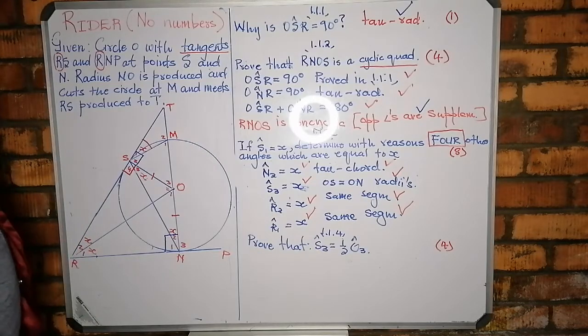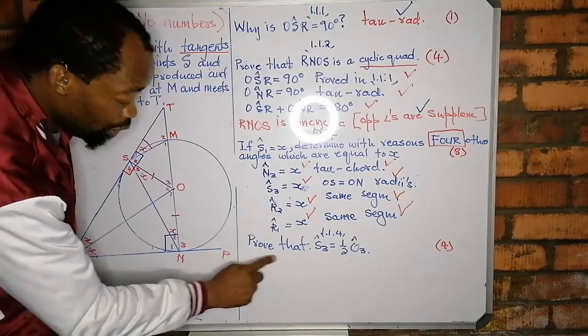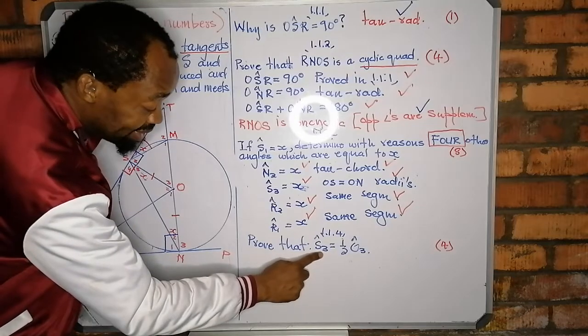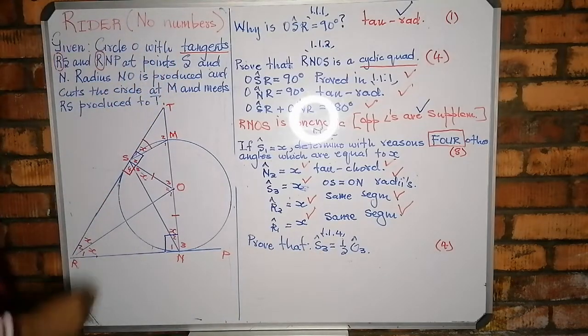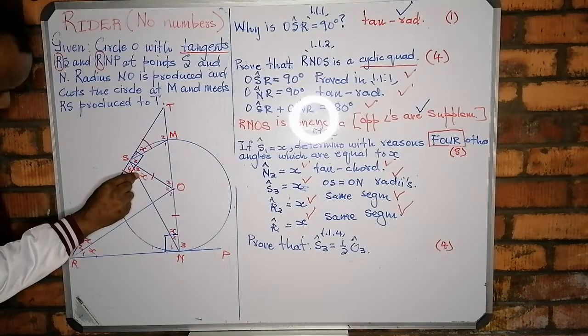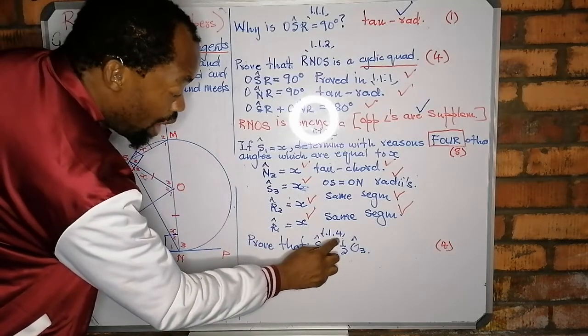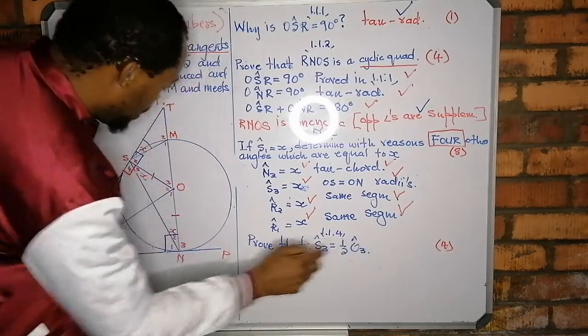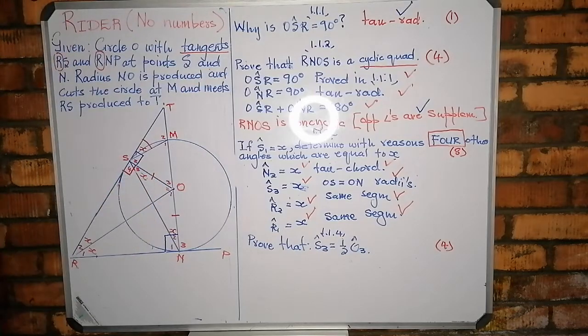Alright, let's do the last question. Prove that angle S3, where's S3? There's S3, is equals to half angle O3. It is half of that angle.